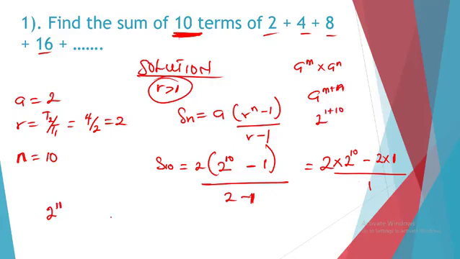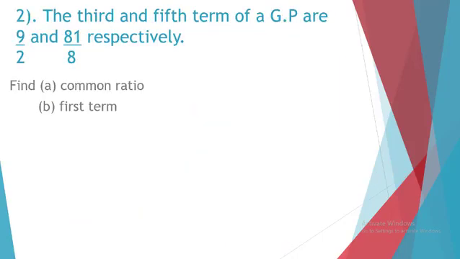Then minus 2 times 1, which gives 2. 2 raised to the power 11 is the same thing as 2048, minus this 2 here, so our answer is 2046.